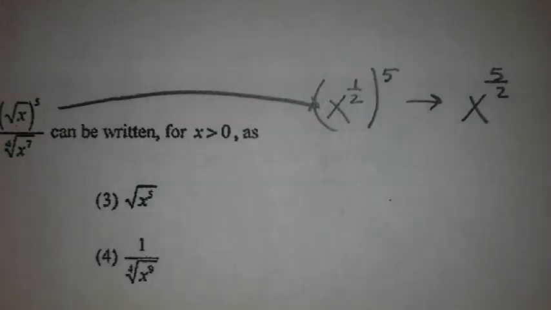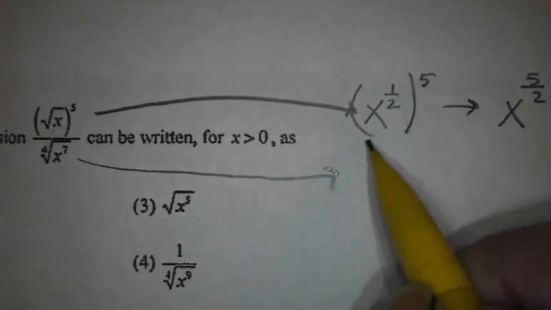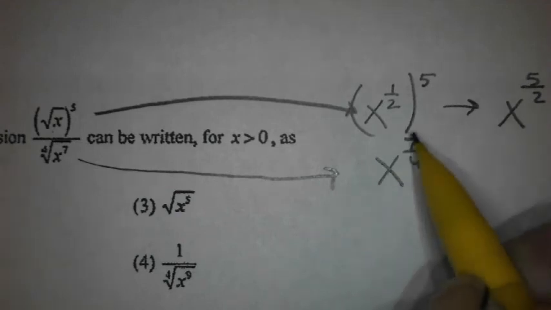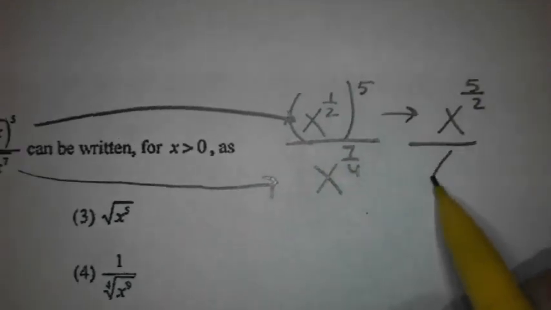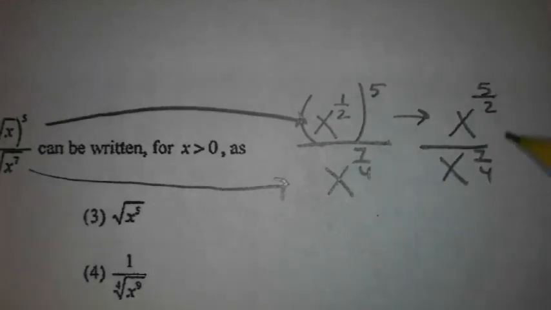Good? What can I do to the denominator? Mason. X to the 7/4, and really there's nothing I can do to that, so I'm just going to keep it x to the 7/4. Now what's my rule here?